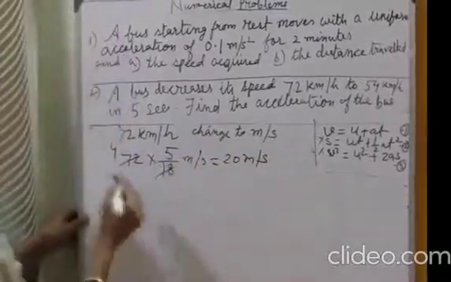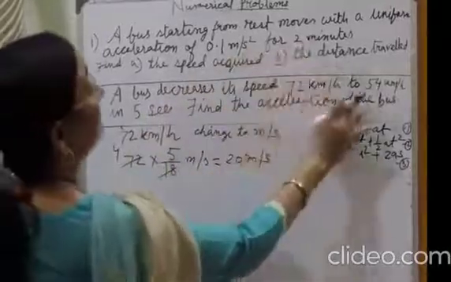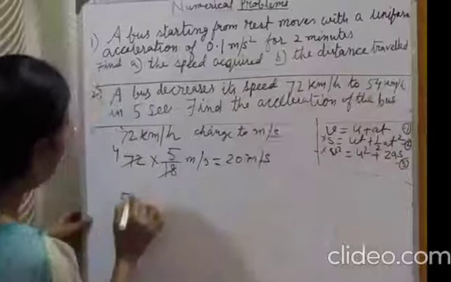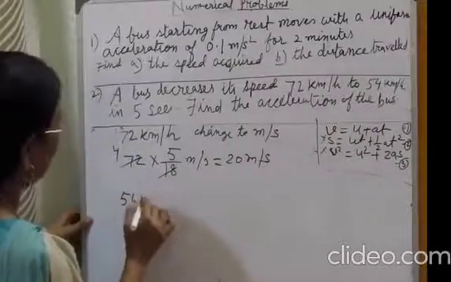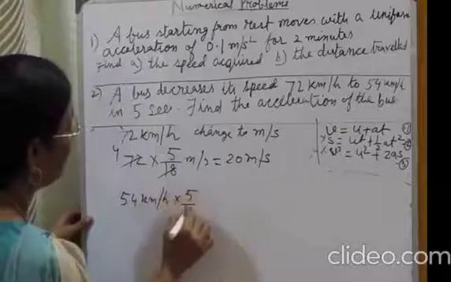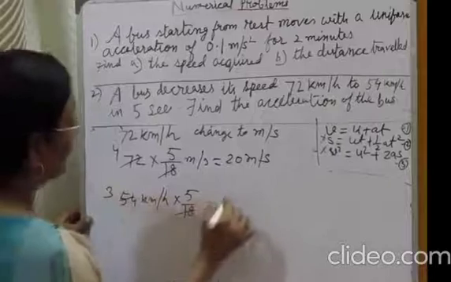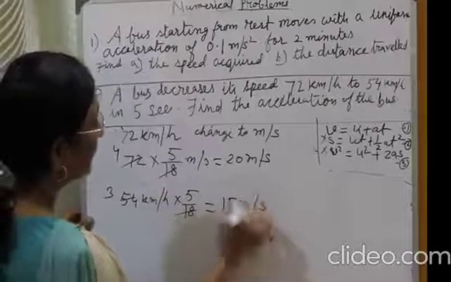Again see, it is 54 kilometer per hour into 5 by 18. Now see, 3 times 5, then 15 meter per second.